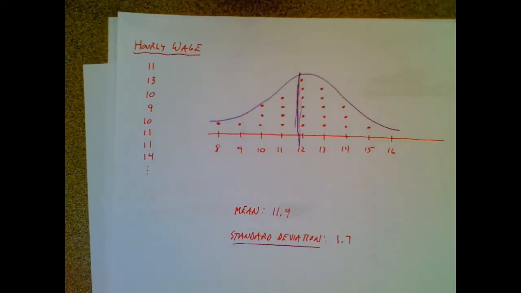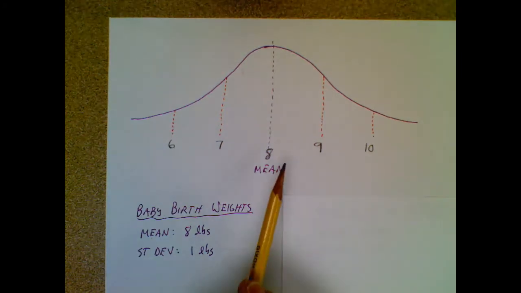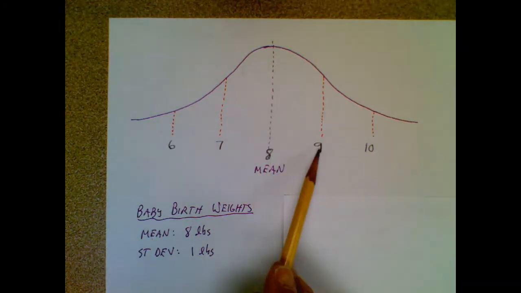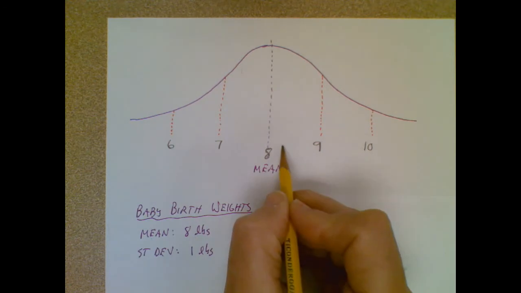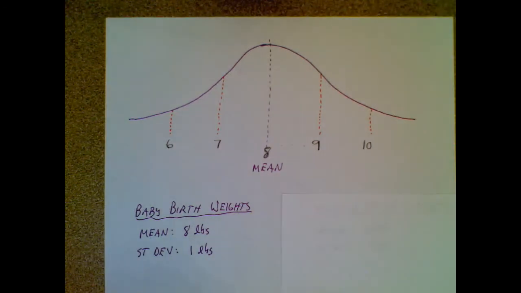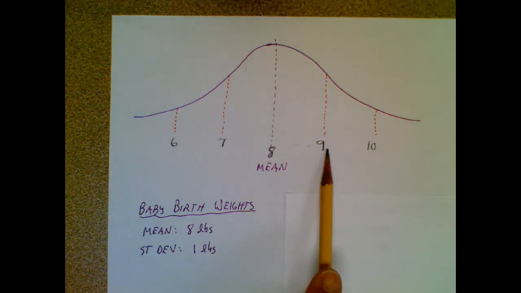Each of those data points represents a baby's birth weight. And of course, not every baby is born at 8 pounds or 9 pounds. There's plenty of babies born at 8.5 pounds, 8.25 pounds, 8.75 pounds. But this would be a normal distribution with the mean and the standard deviation of 1 pound.